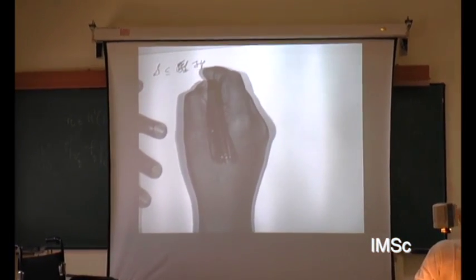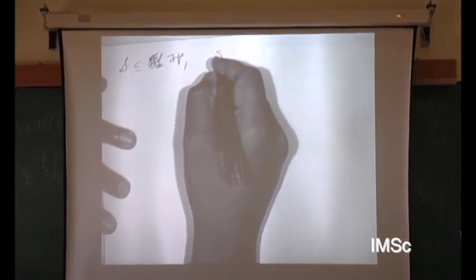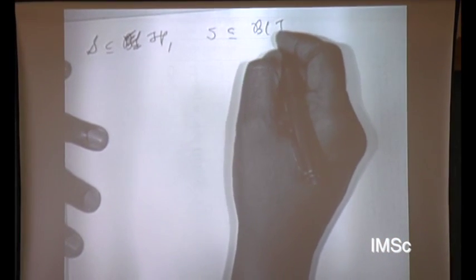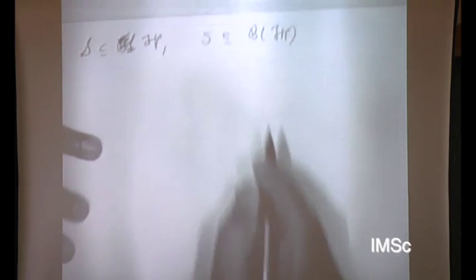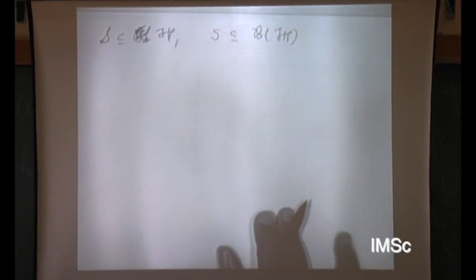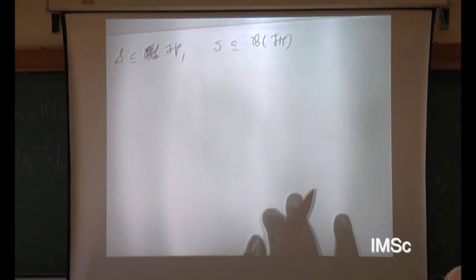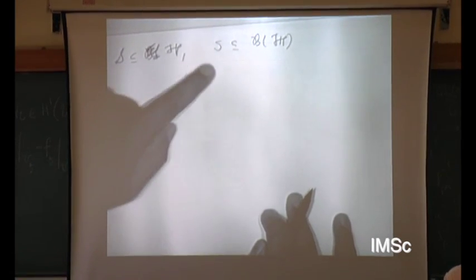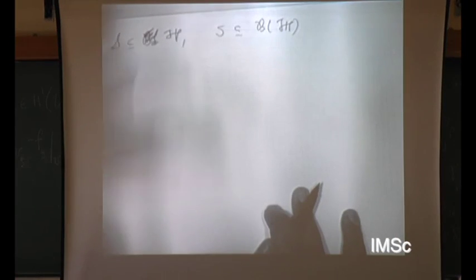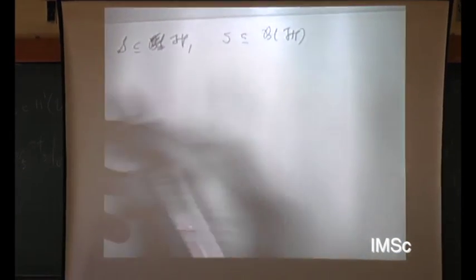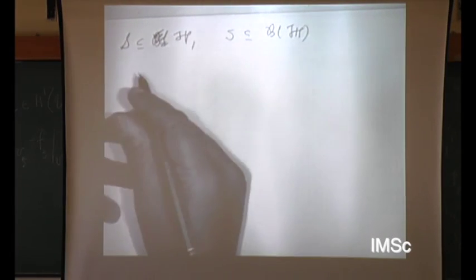I want to be consistent with my notation now, having these script symbols for Hilbert space and just straight symbols for operators, algebras of operators, sets of operators, and so on.